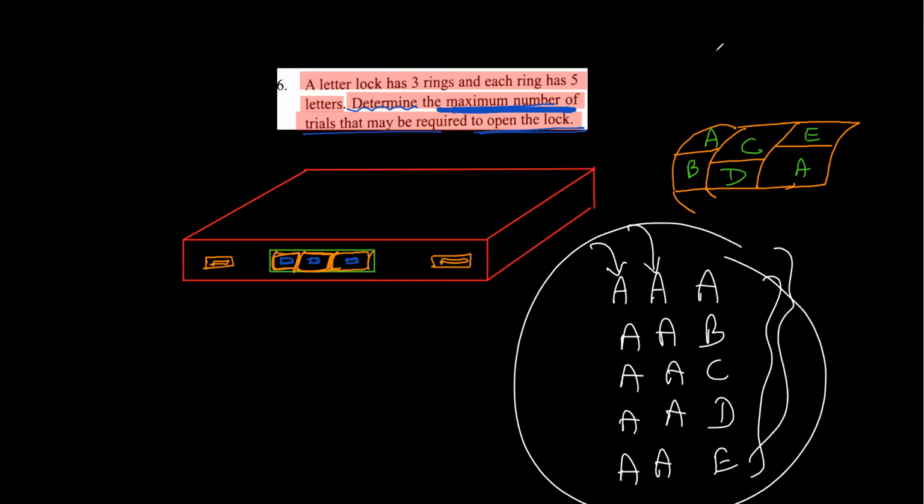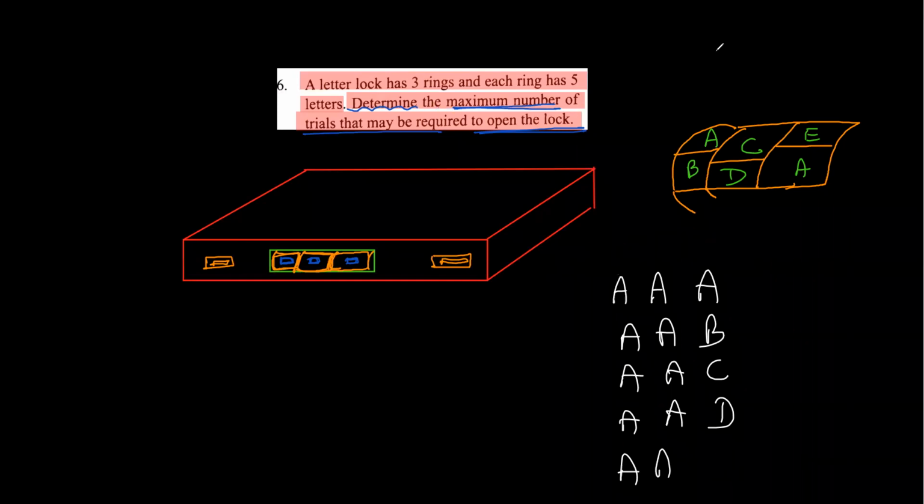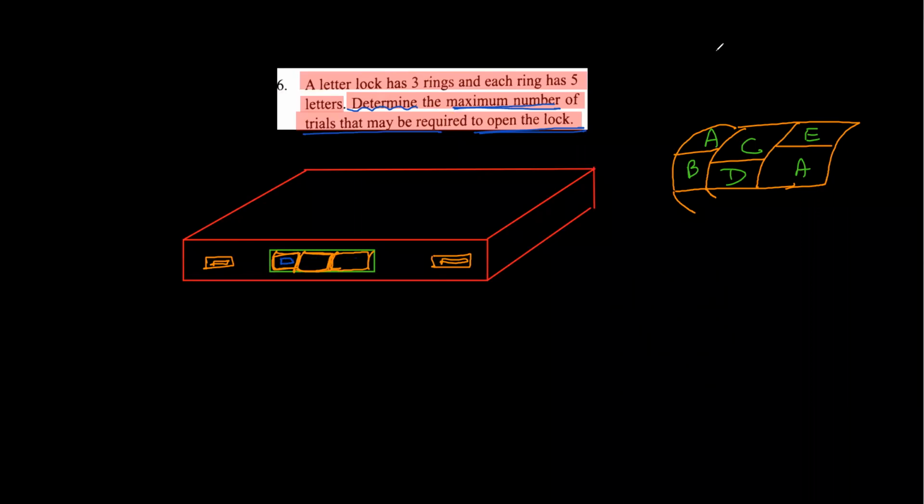In order to get the maximum number of trials, I shall find out the total number of 3-letter codes which are possible. Till now, whatever I was doing was just an explanation. The actual answer I'm starting now.